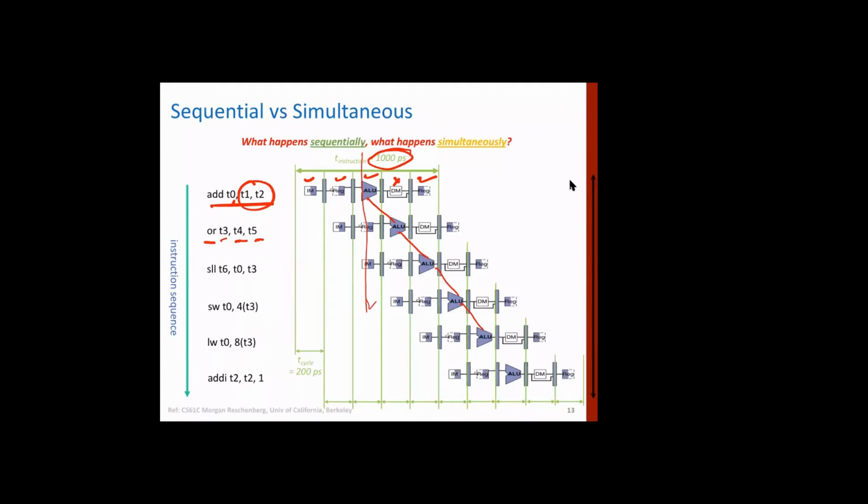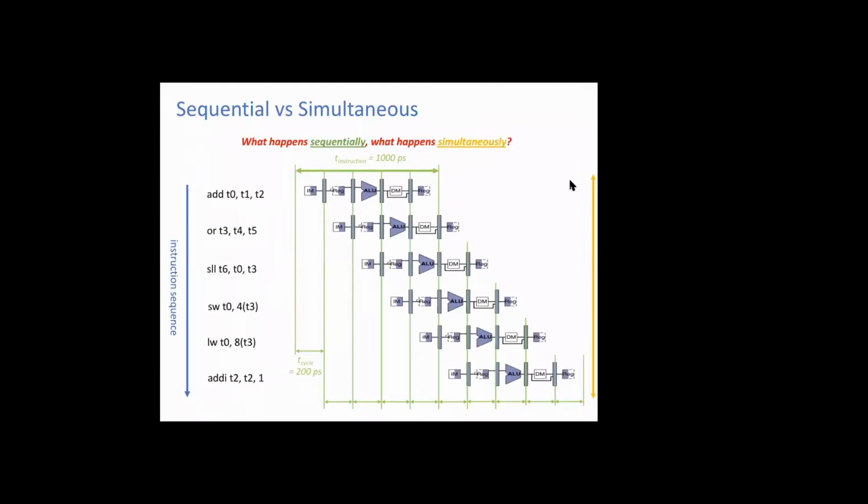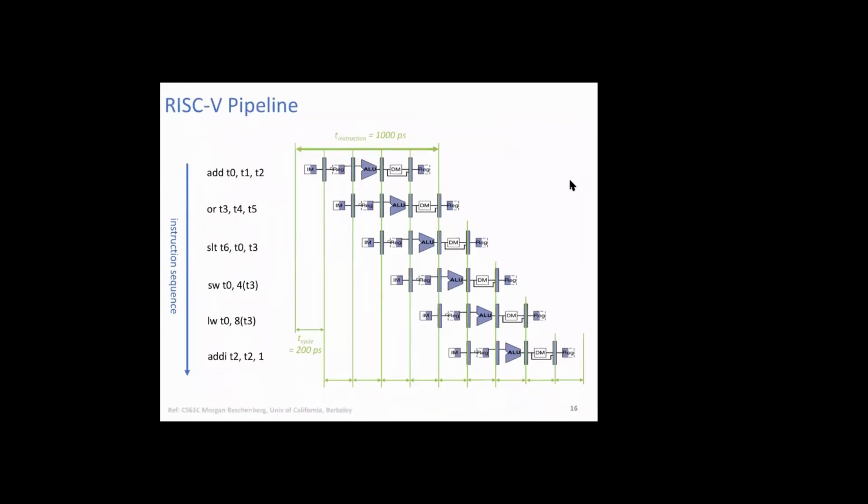Now let's see what's happening sequentially. Obviously at each instruction level, execution is happening sequentially. These are the resources used by an instruction over time. This instruction, for example, uses these resources at different periods of time: in the first cycle, second cycle, third, fourth, fifth cycle, and so on.